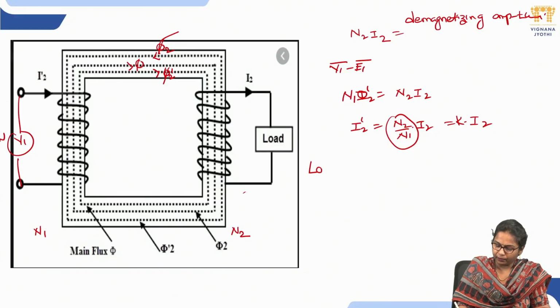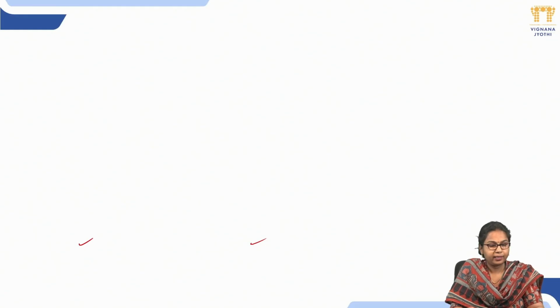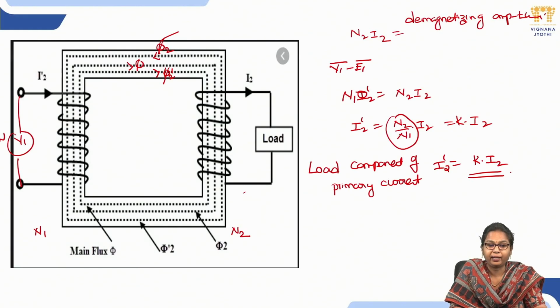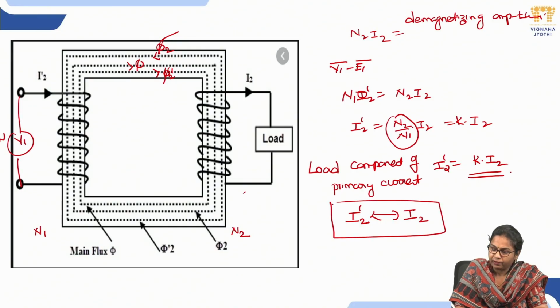So the load component of primary current I2 dash is K times the secondary load current, and I2 dash will always be 180 degrees out of phase with the secondary current.